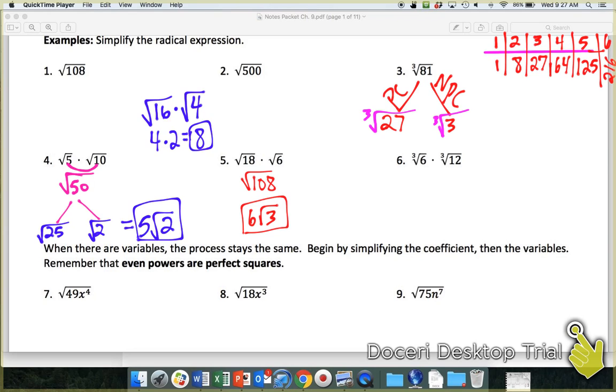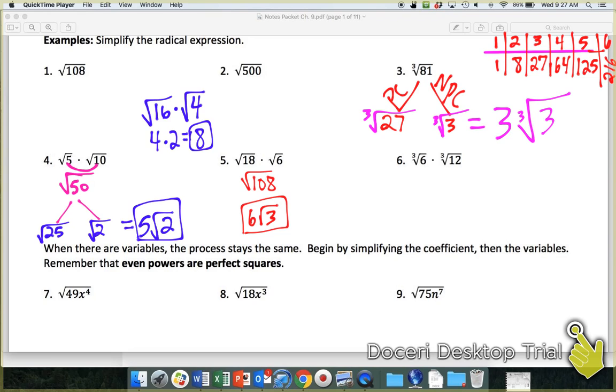So we get 3 cube root 3. Okay, so that's your answer. You're not going to cube root a whole lot. You're going to square root mostly.